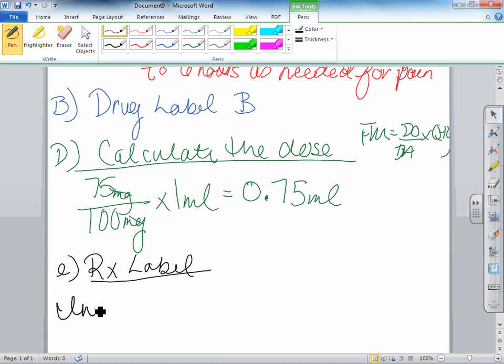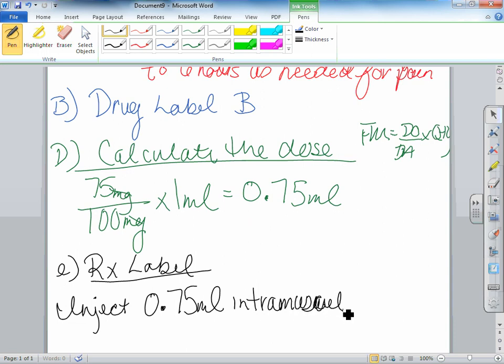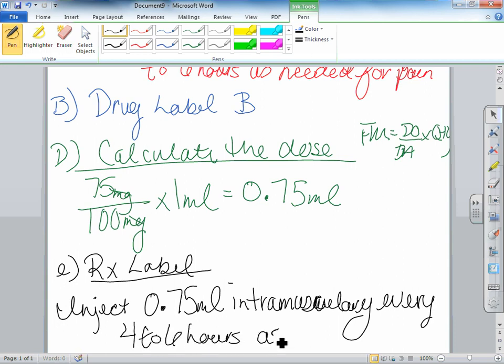So it will read: inject 0.75 milliliters intramuscular every 4 to 6 hours as needed for pain.